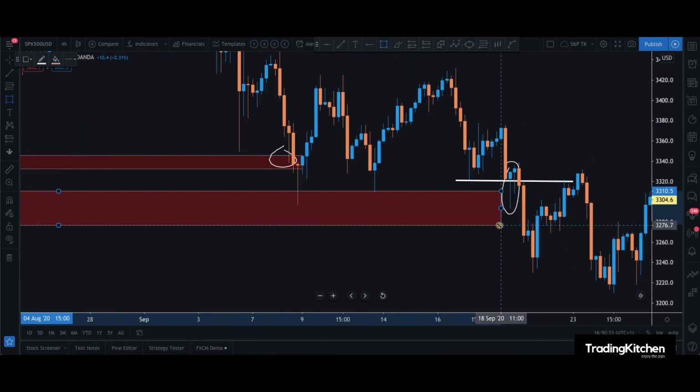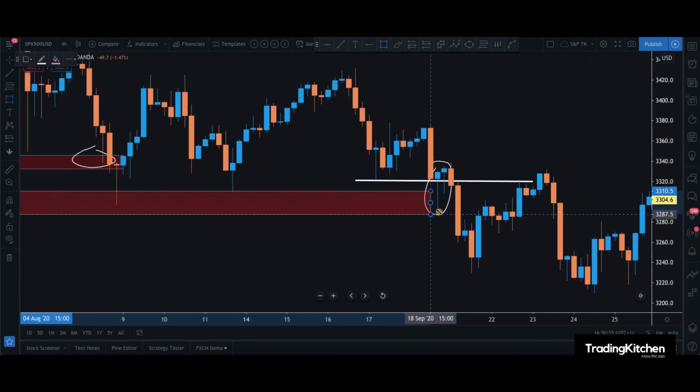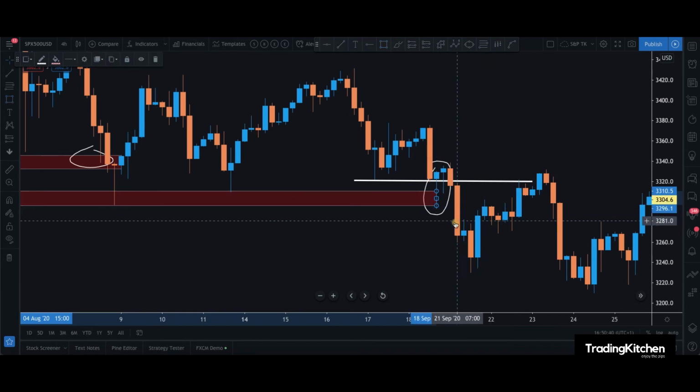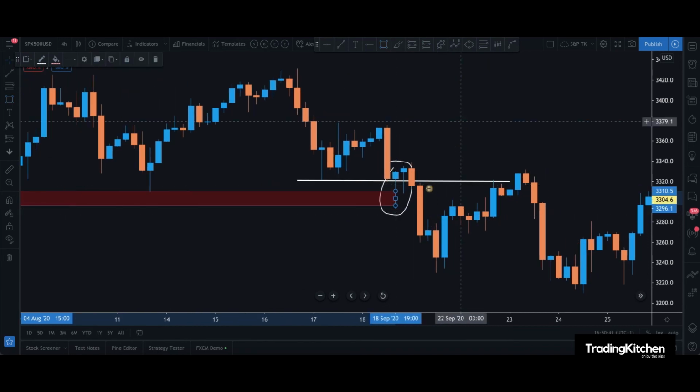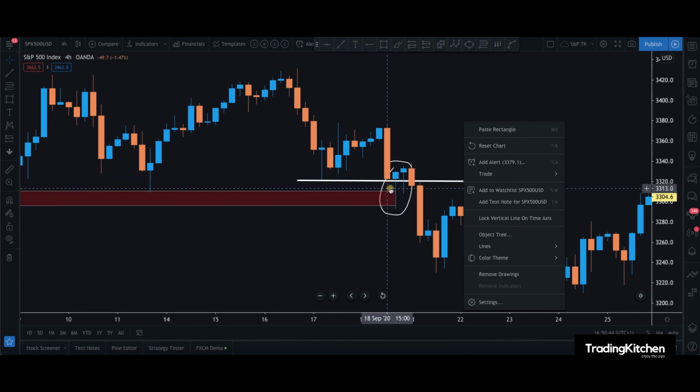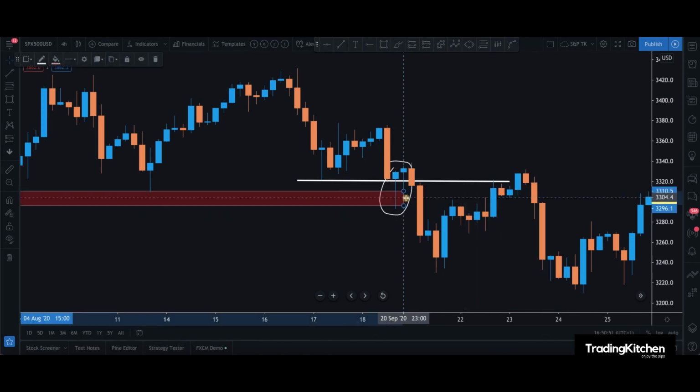So I'm pretty sure that there were a lot of traders that maybe here opened a long position. So as you can see in this example, this is the first pin bar I saw.